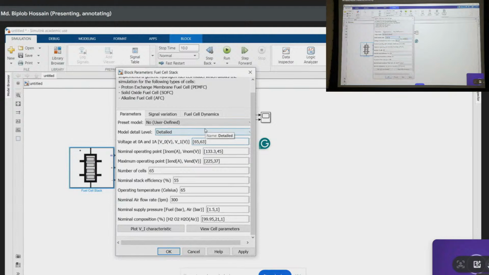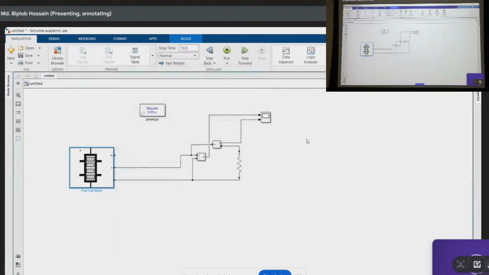I understand that if you use user defined, you still don't need to write the equation. It uses the inbuilt equation with the input parameters that you provide. But what she is asking is, if she is not going to use this model and wants to develop her own, there are two ways.